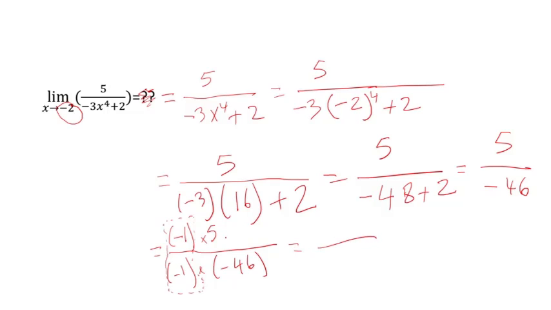So negative 1 times 5 is just negative 5. Negative 1 times negative 46 is 46 because negative times negative is plus.